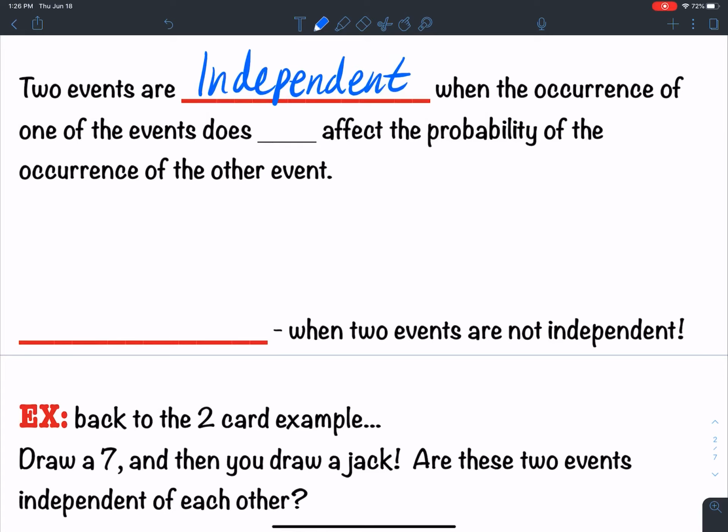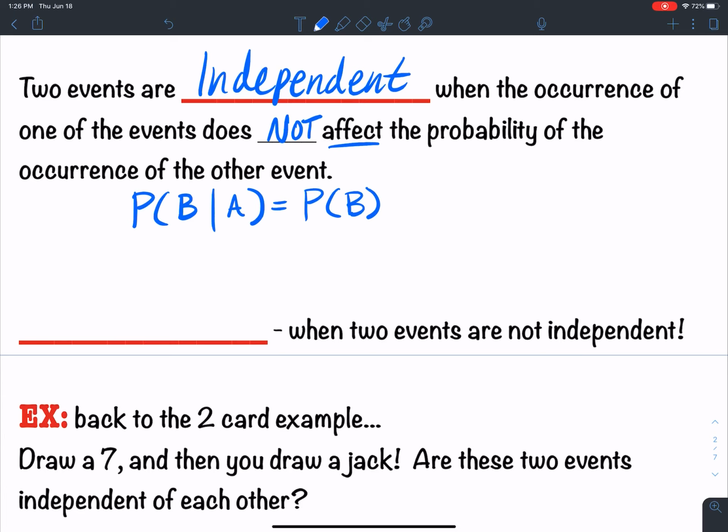Two events are independent when the occurrence of one event does not affect the probability of the occurrence of the other event. Mathematically, if I take the probability of B given A just happened, and A has no effect on B, then this is equal to the probability of just B happening itself.